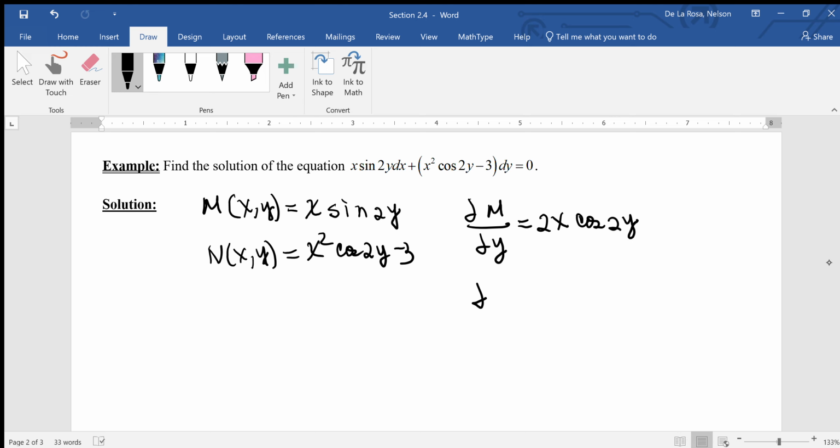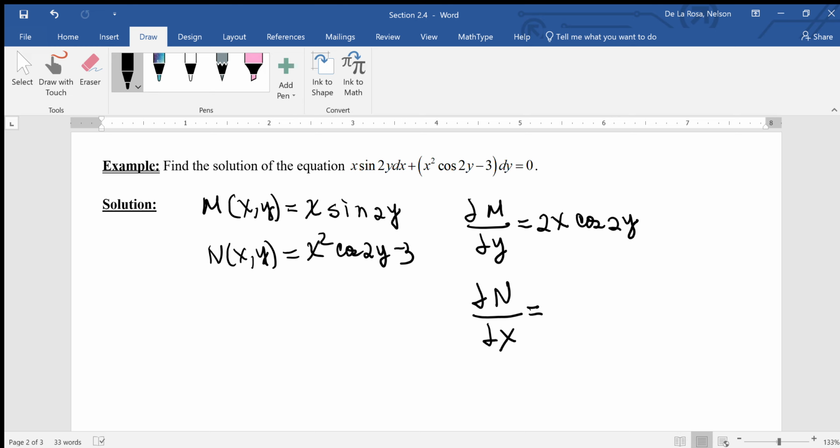Derivative of N with respect to x. Okay, in this case, y is going to act as a number, as a coefficient or a constant. So to find the derivative of N with respect to x, x will be the only variable.